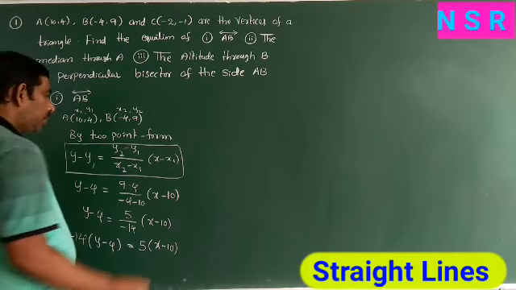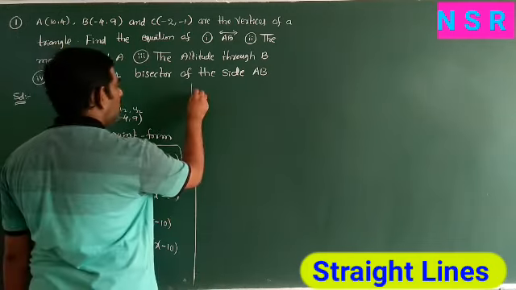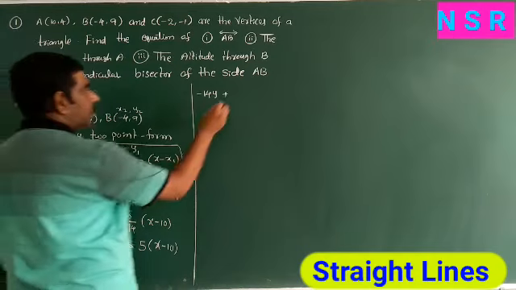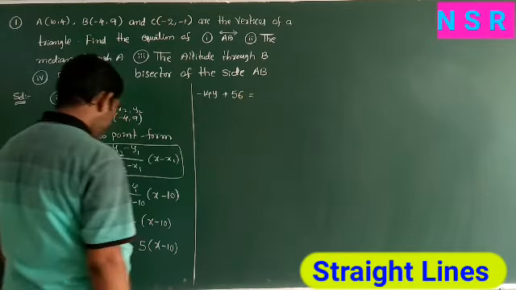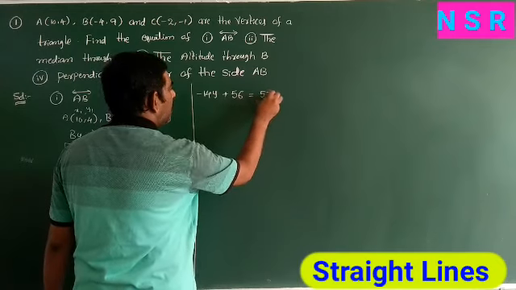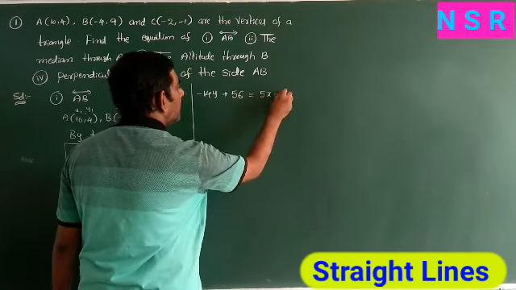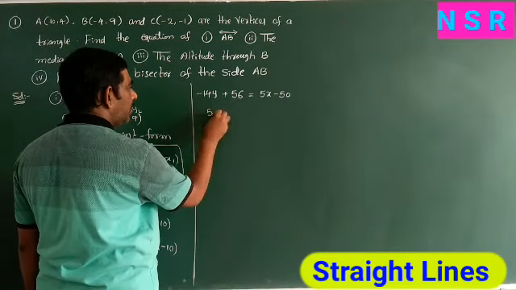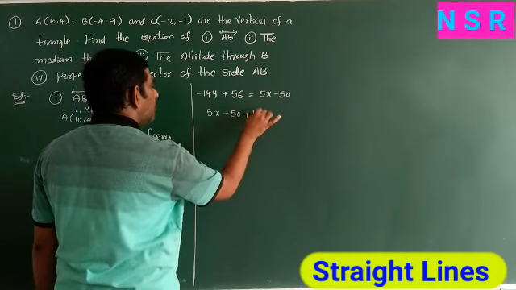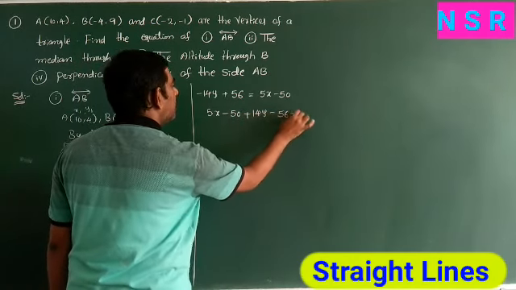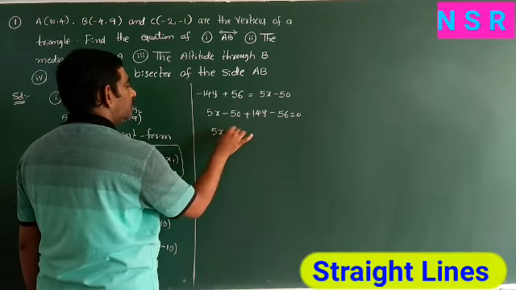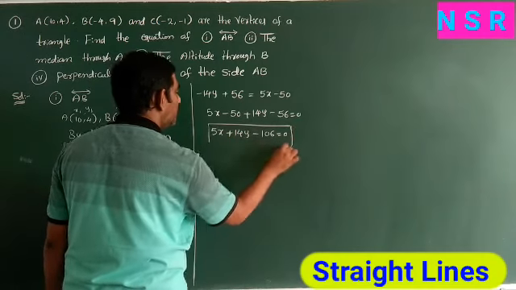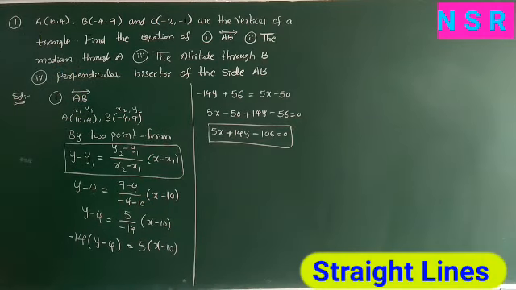So -14y plus 56 is equal to 5x minus 50. Now move everything to one side: 5x minus 50 plus 14y minus 56 equals 0. So 5x plus 14y minus 106 equals 0. So this is the AB line segment equation.